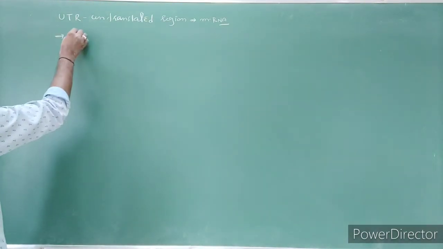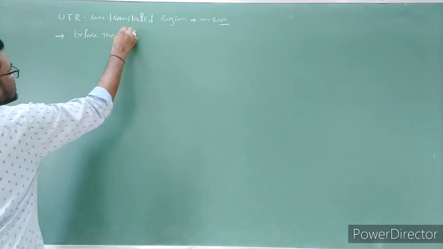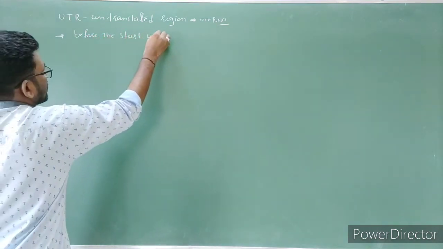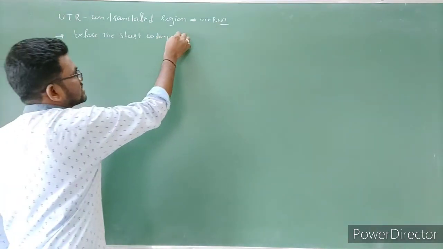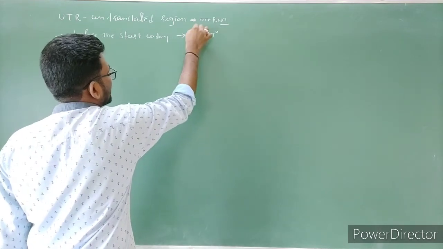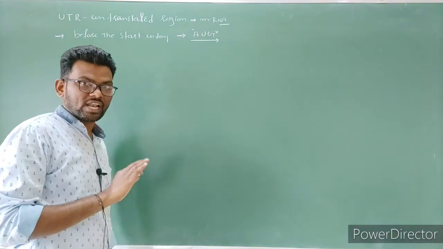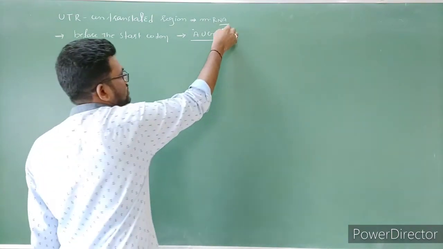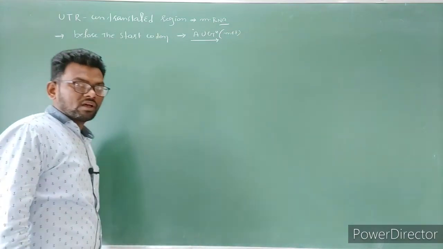UTRs are present before the start codon. What is a start codon? Start codon is AUG. AUG is the initiation codon for protein synthesis, for translation. AUG is going to code for which? Methionine.